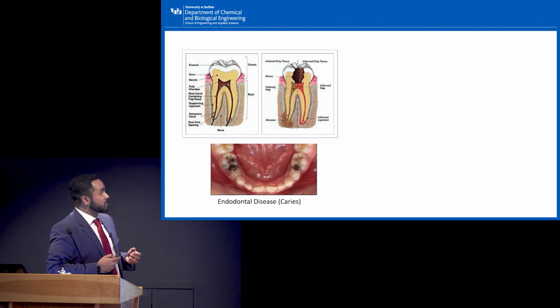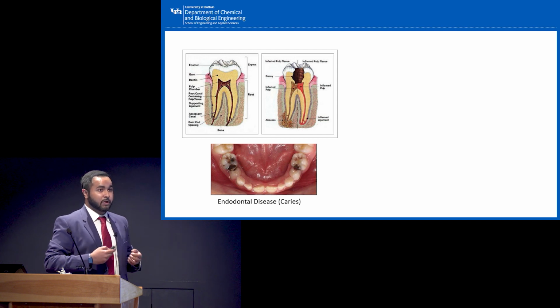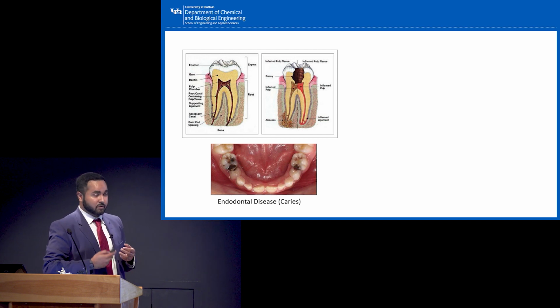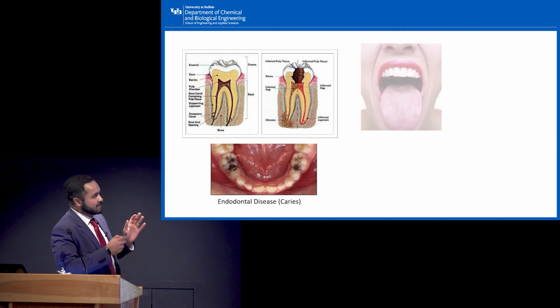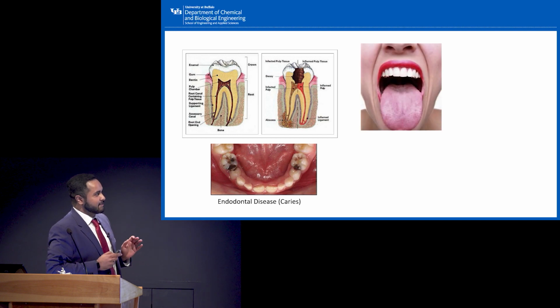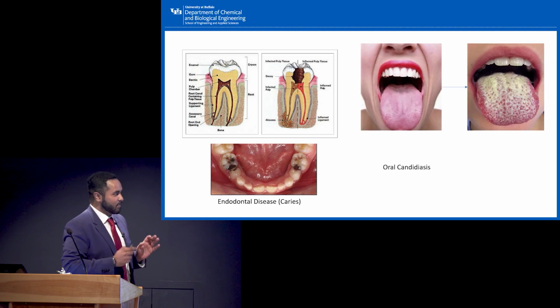Loss in salivary volume is also associated with a dental disease called caries, which basically is a cavity in your teeth. So when you eat or when you drink, it causes severe discomfort. And lastly, I don't like this disease a lot. It's oral candidiasis. It's probably the worst one.